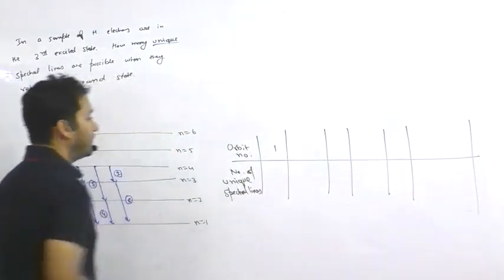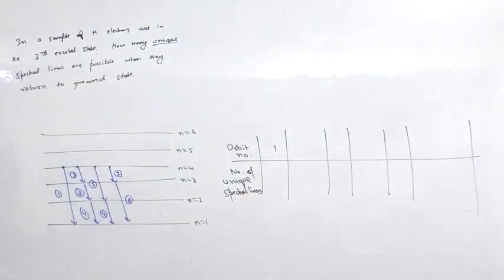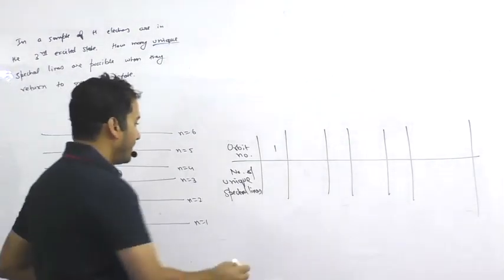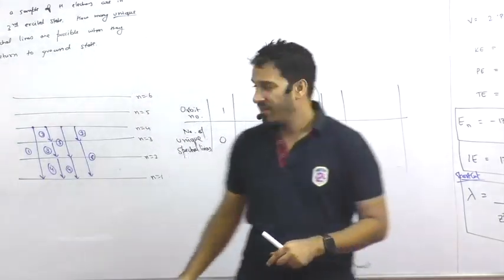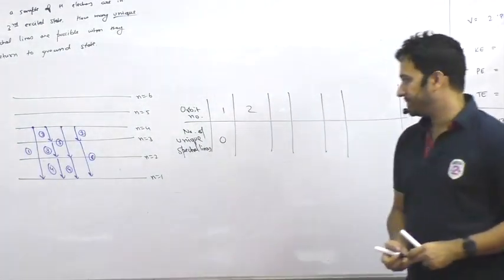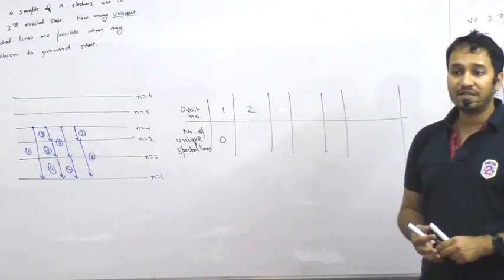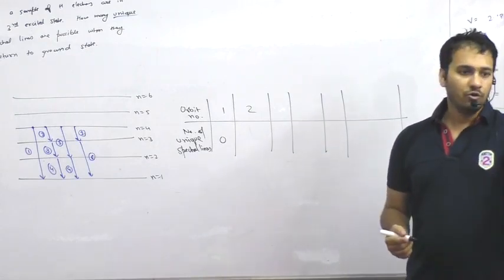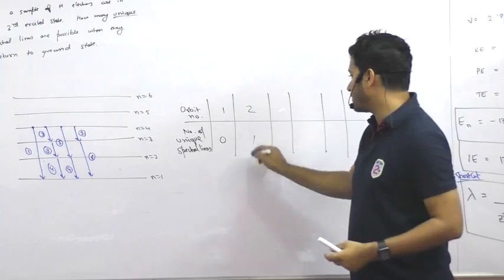If the electron is in the first orbit, how many unique spectral lines are possible? 0. If it is in the first orbit, then it cannot go any lower. It is in the ground state. It cannot emit photons at all. Right? The number of spectral lines are 0. If the electron is in the second orbit, how many spectral lines are possible? Just one. That 2 to 1 is the only possibility, just one.